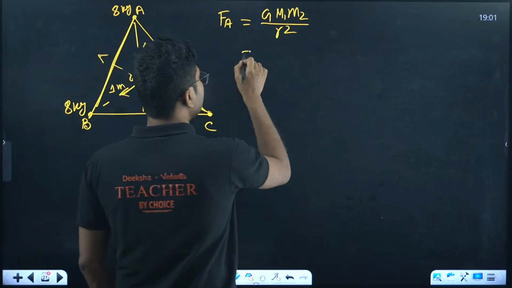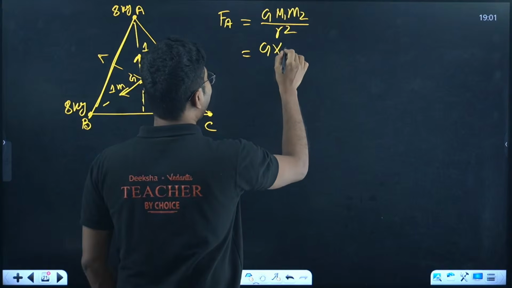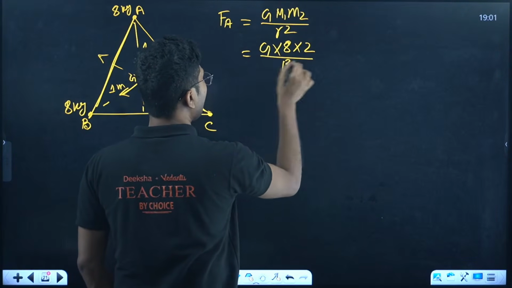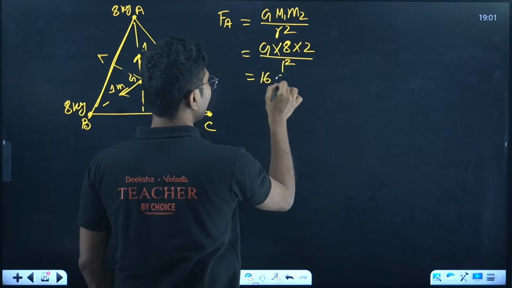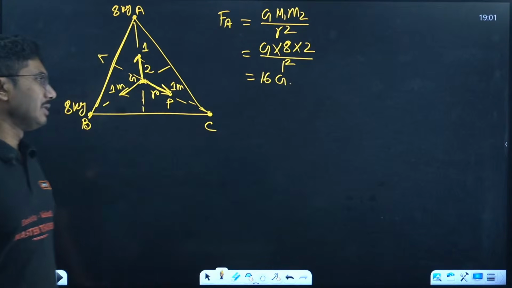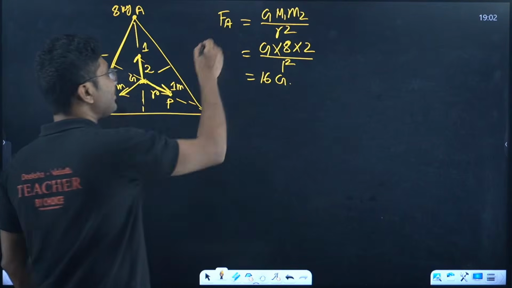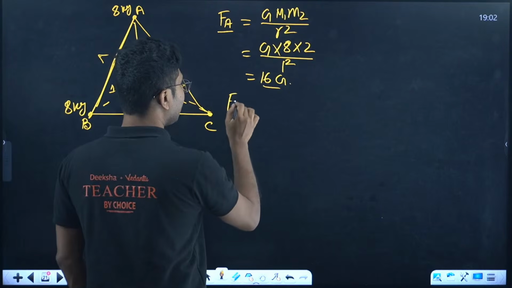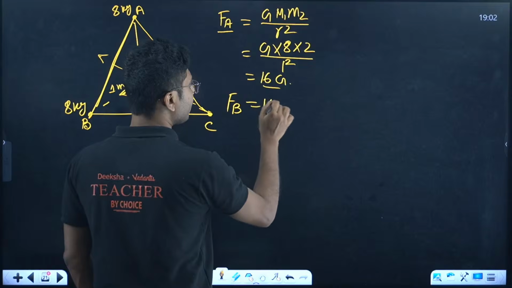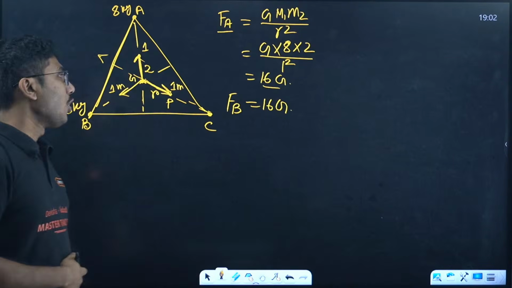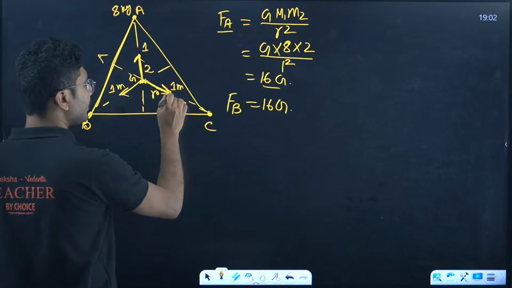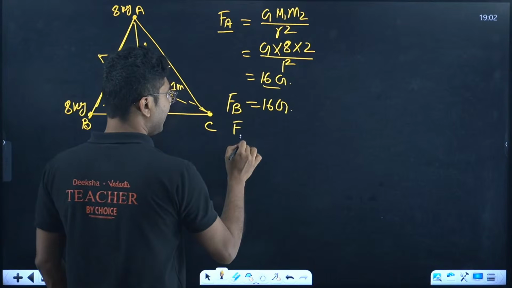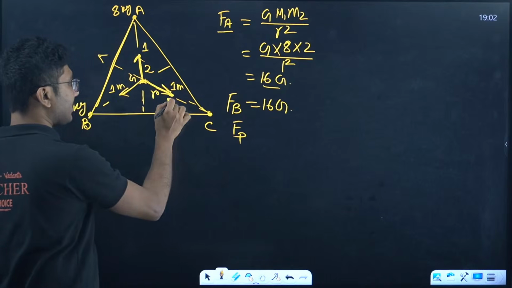So G into 8 into 2 divided by 1 square, or it will be 16g. Don't put the value of g, eventually it will cancel. So the force A is 16g. Force B will be the same value, the direction will be different, but it will also have a value of 16g. What about the force due to this? Force due to this will be F, say P. Here it is a point P, it is kept on a point P.